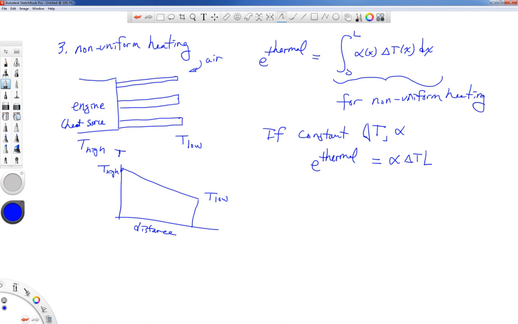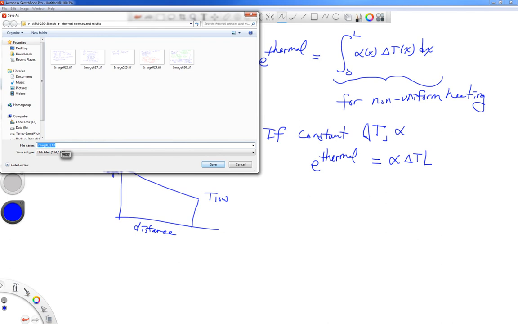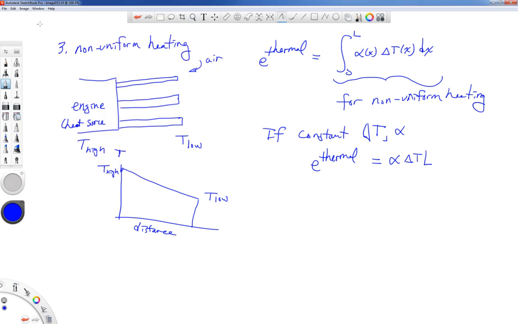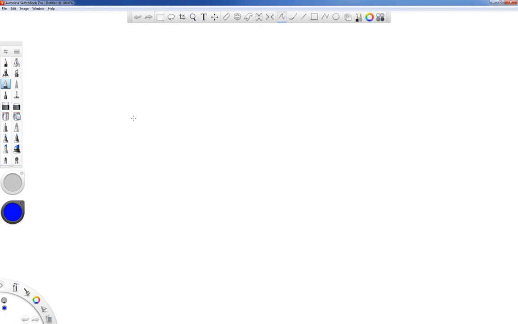Okay, let's save this file. And let's hit a couple highlights here. Most important thing today is our thermal deformation is made of 2 parts. Our thermal deformation is alpha delta TL.